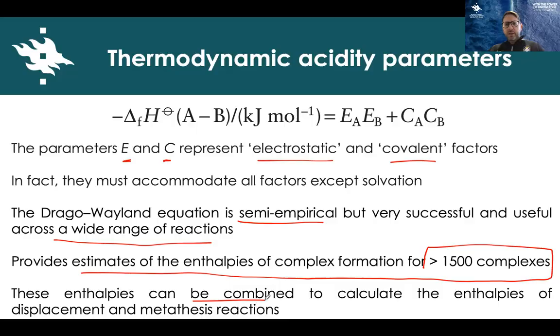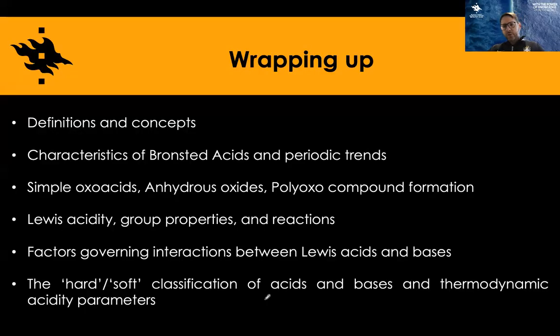So with this, we finish our discussions of acids and bases in the framework of inorganic chemistry of our course here today. So we discussed several definitions and concepts. We discussed the features of Bronsted acids and bases and some periodic trends. We discussed simple oxoacids, anhydrous oxides, polyoxo compound formation.